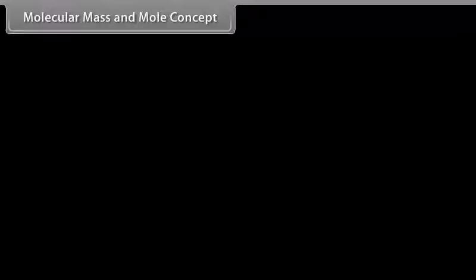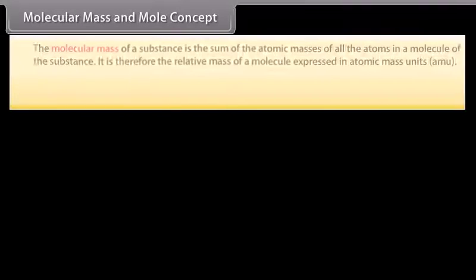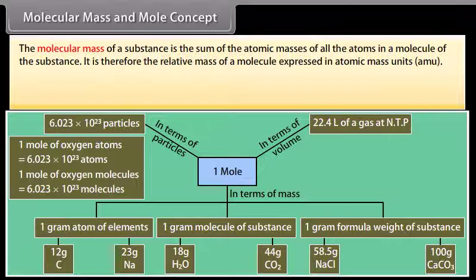Molecular mass and mole concept. The molecular mass of a substance is the sum of the atomic masses of all the atoms in a molecule of the substance. It is therefore the relative mass of a molecule expressed in atomic mass units.